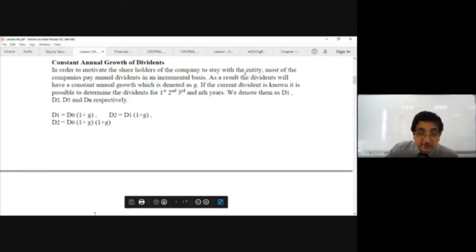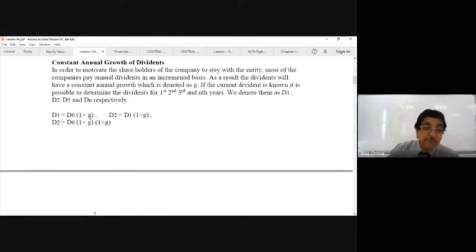Now in this case, the dividend growth is denoted by G. Year 1 dividend, D1, is equal to D0 into 1 plus G. That is how the growth is added. If you want to get the first year's dividend from the present year's dividend of 10, in our example our growth rate is 20%.